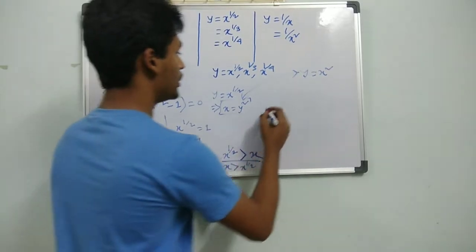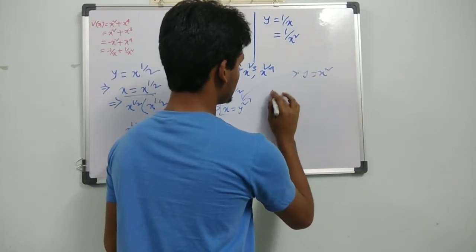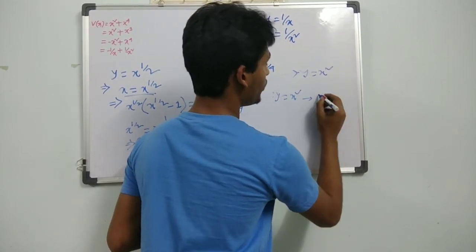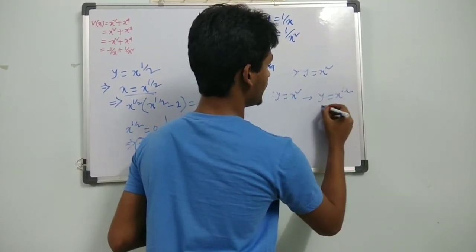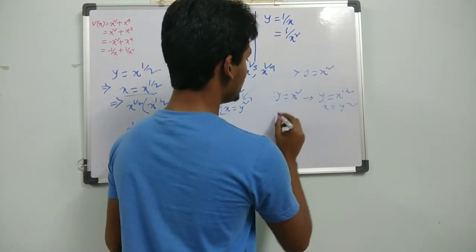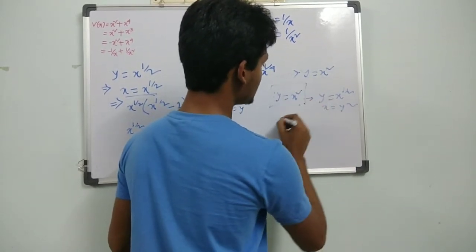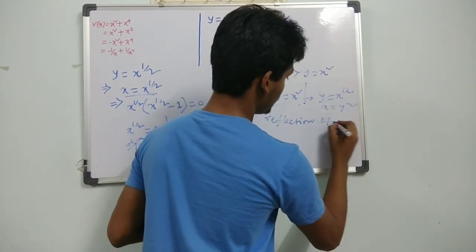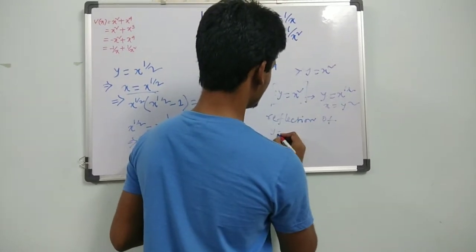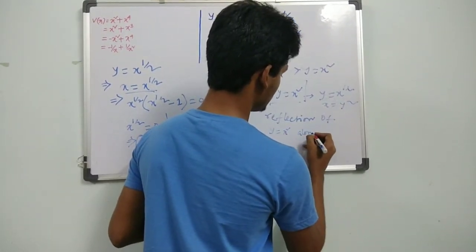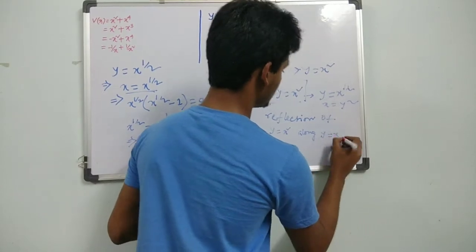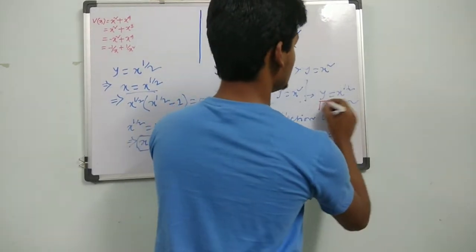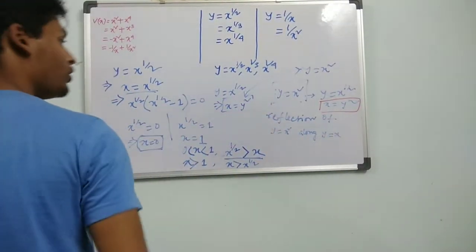Okay, to draw y equals x square and y equals x to the power half, that means x equals y square, you just have to take the reflection of this curve, y equals x square, along y equals x. Okay. Then you will reach this curve. So how?